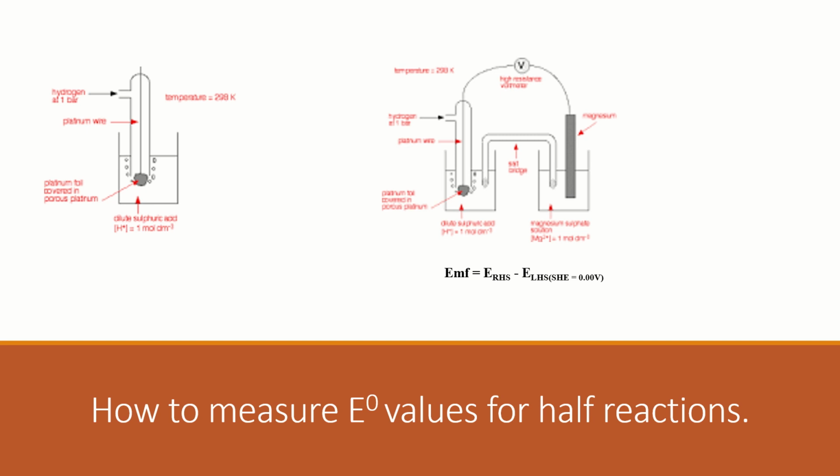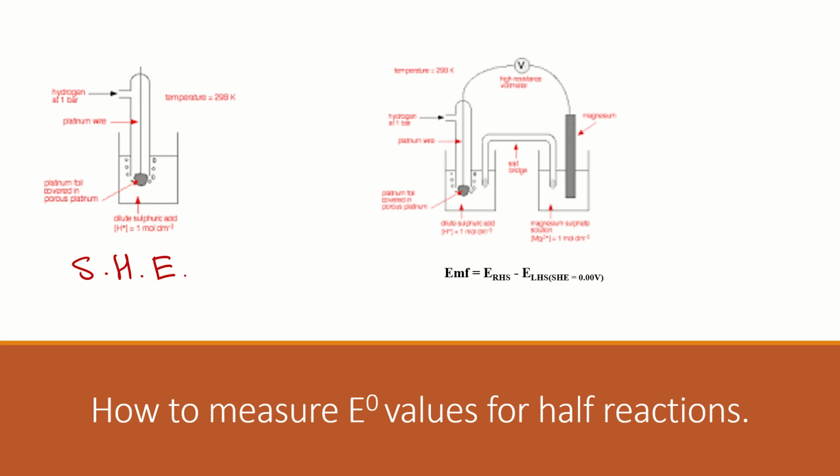And all of them are measured against what we call the standard hydrogen electrode. This is the standard hydrogen electrode on the board now. SHE used to confuse the life out of me when I was an A-level student, as to why my teacher was writing "she" on the board. It took a while for the penny to drop, but anyway, we got there.